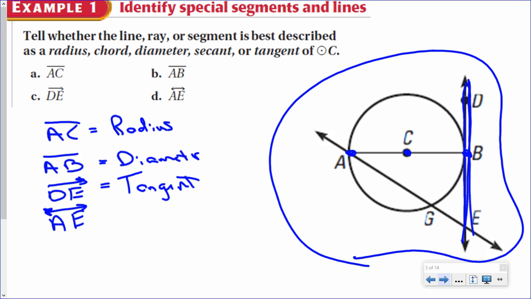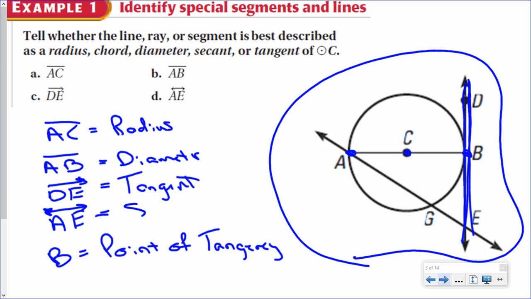When you get to the homework, even though it's not on here, actually we could put it on here, point B is the point of tangency. AE is a line that goes completely through, and I'm assuming that'd be your secant because it goes completely through.